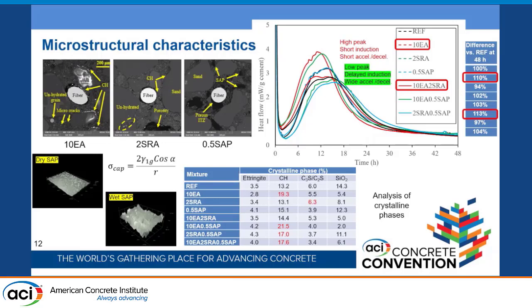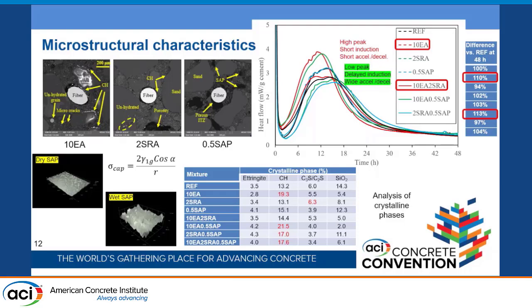Hydration kinetics showed that the EA system and EA combined with other shrinkage mitigating materials had the highest peak, shortest induction period, and short acceleration and deceleration periods. On the other hand, the SAP and SRA systems had the lowest peaks and wider acceleration, deceleration, and induction periods. You see the XRD result in the bottom table.